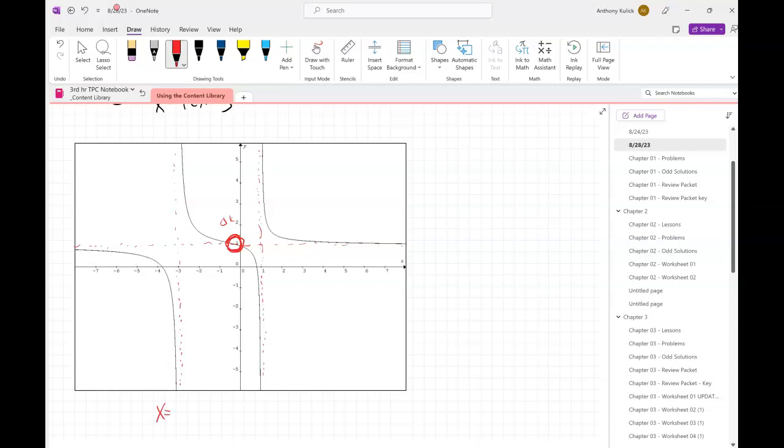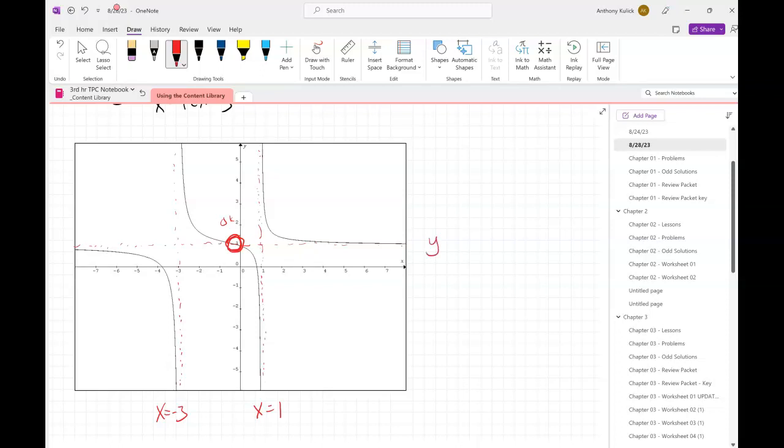So the vertical asymptotes we always write as x equals, right? That's the way we write the equation for a vertical line, x equals. So I'd write x equals 1 because if I look at that vertical line, every point on that line has the same x coordinate. It's 1. Everybody see that?